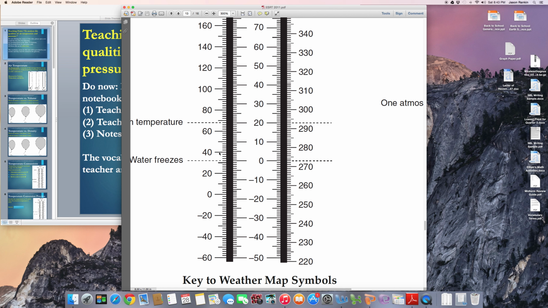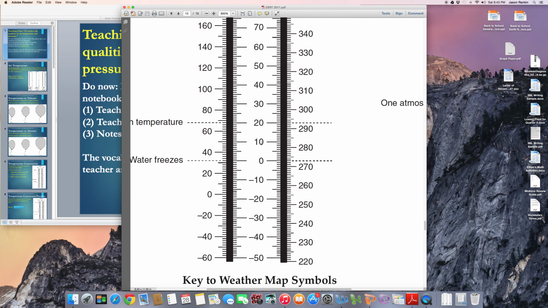We know that each line's worth 2 for Fahrenheit. 42, 44, 46, 48, 50, 52, 54, 56, 58, and 60. Alright, so going back to my 13, I bring this across, it fits between these 2 points, somewhere between 54 and 56. So the median would be about 55 degrees Fahrenheit.